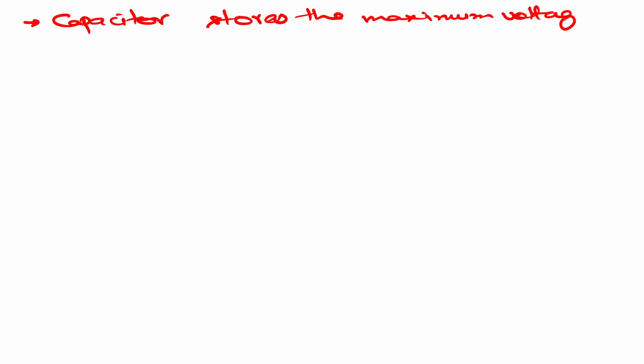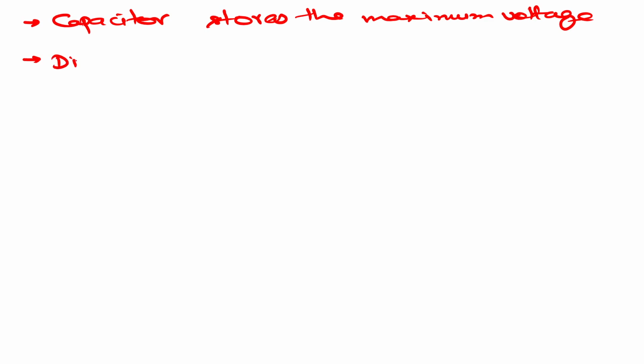Now this is the maximum voltage. Beyond this, because this is the peak of the input voltage, the capacitor can't get a voltage higher than that. So this is the maximum voltage that the capacitor stores, and the diode begins to turn off when the input starts falling. Just after the peak, the diode goes into reverse biasing.